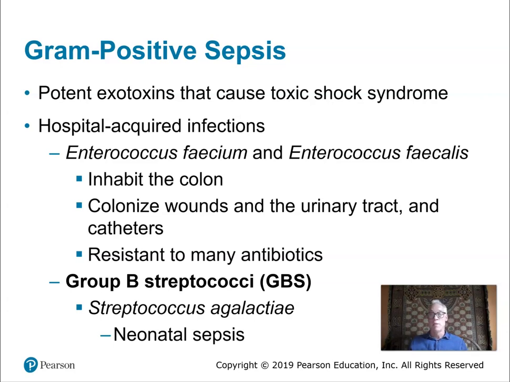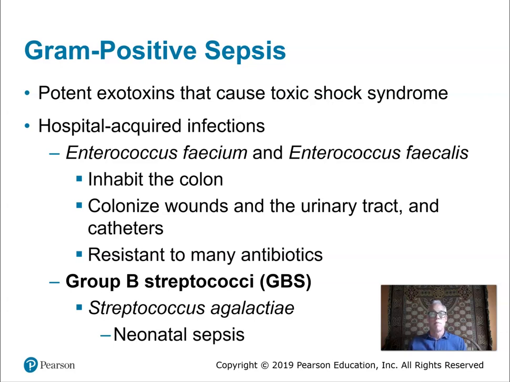Because all the patients are sick and undergoing all kinds of invasive treatments, and there's a little bit of feces here and there. And as you know, it's harder to disinfect in the presence of organic material. And plus, there's resistance to antibiotics. And so between those two things, it's very easy for these two Enterococcus species to get onto catheters and onto medical equipment and cause disease, cause gram-positive sepsis.